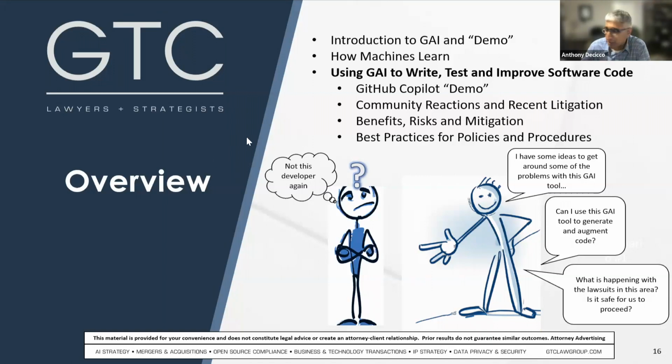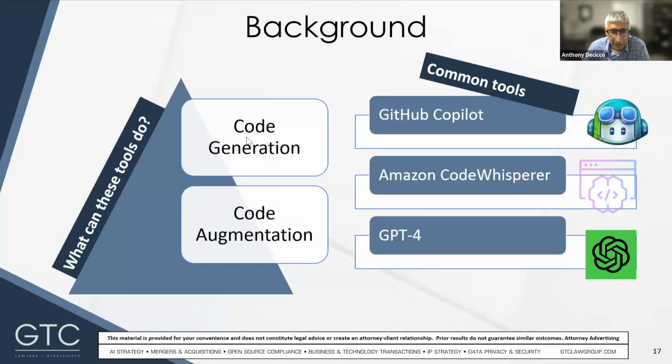Let's jump to the next slide now, and we'll start with some background on what this class of tools can do. Over time, in our work creating the relevant policies for many companies, we came to divide the functionality into code generation and code augmentation.